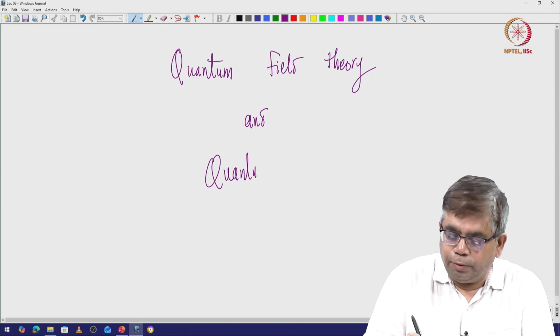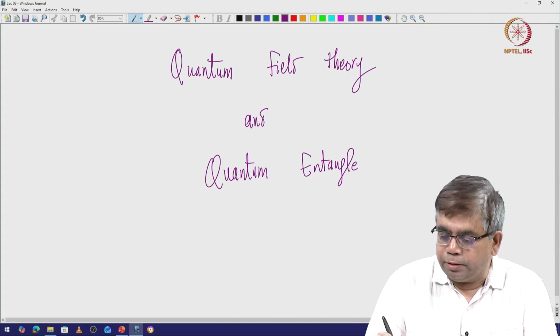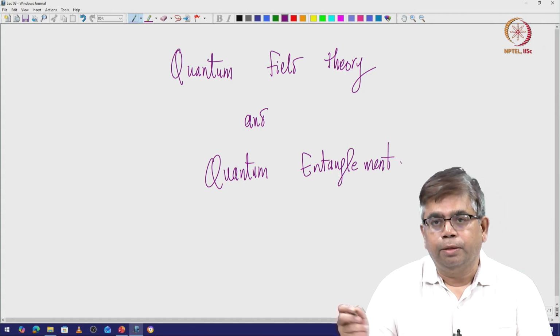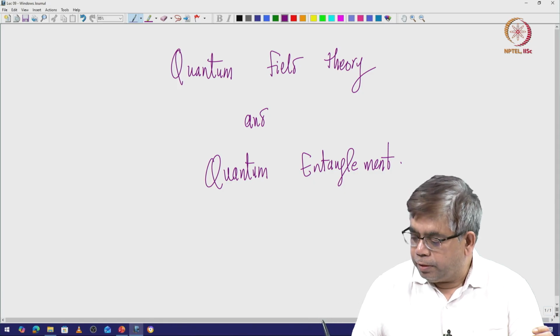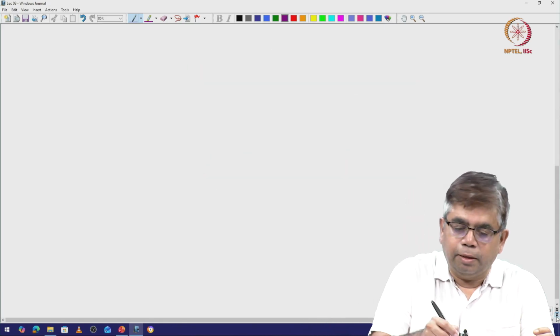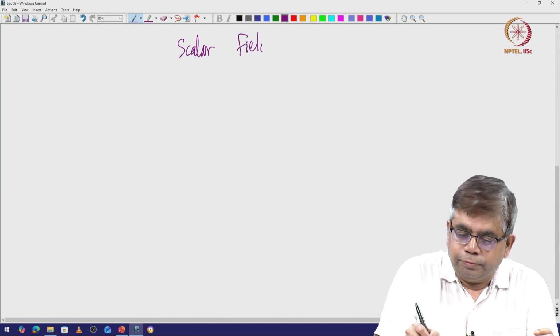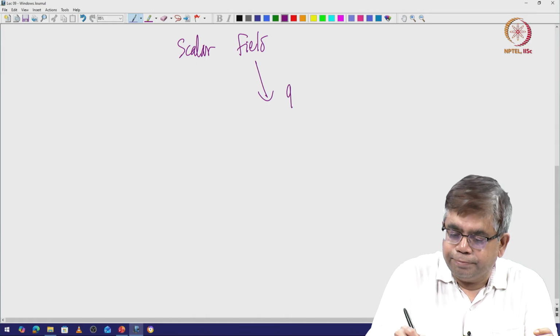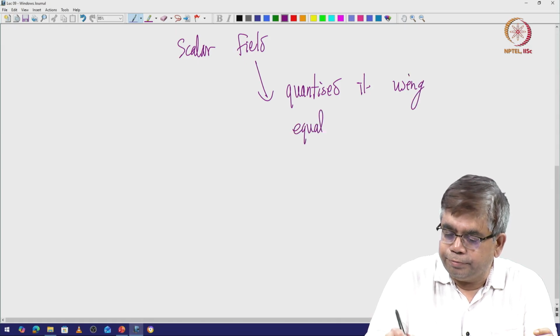So what we have been looking at so far has been free fields, in the sense that what we have looked at is starting with a scalar field, then we quantized it using equal time commutation relations.